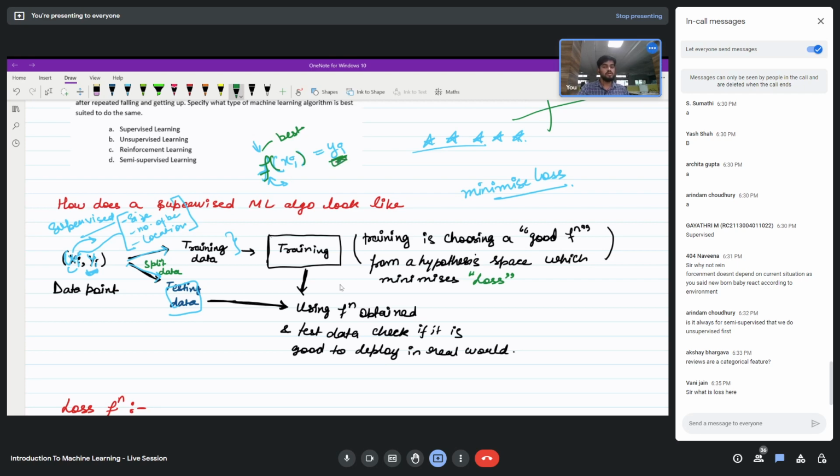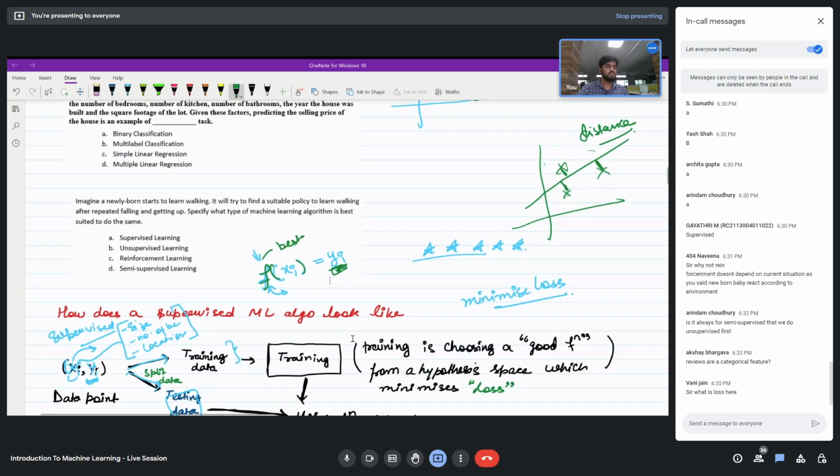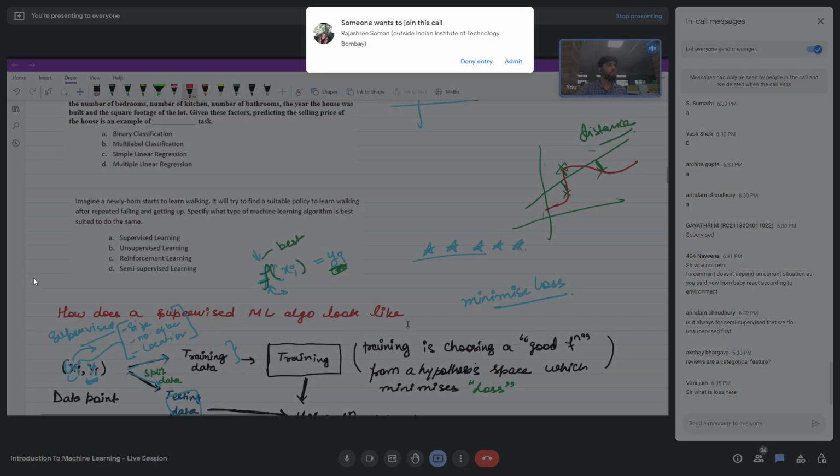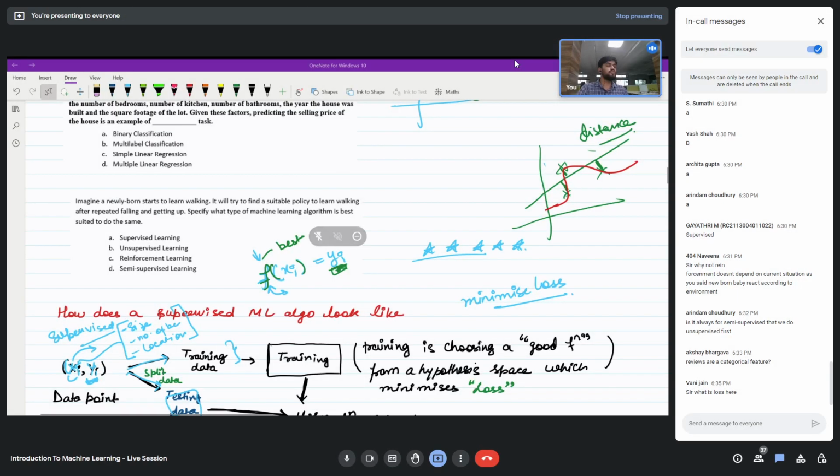Now, if you look at this example, you might say that this line cannot fit, but this curve can very well fit this data, right? So we impose some restriction on what kind of function we can allow. The second week that you have is on linear regression. In linear regression, you allow only straight lines to fit through the data points.